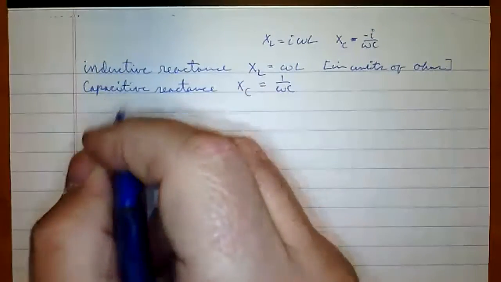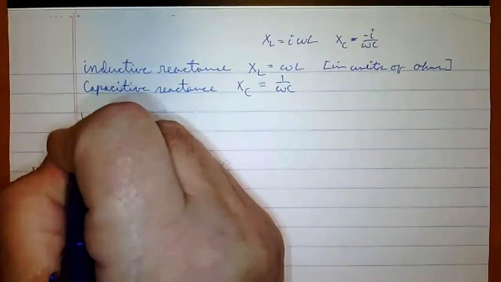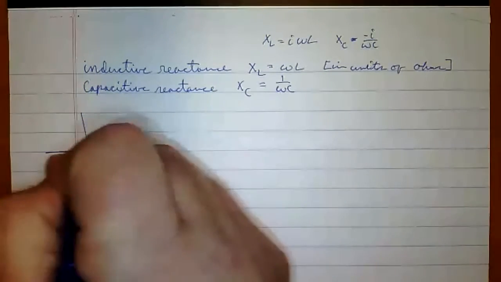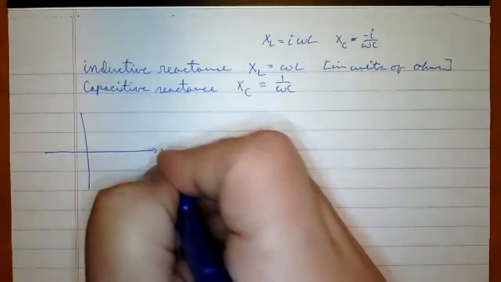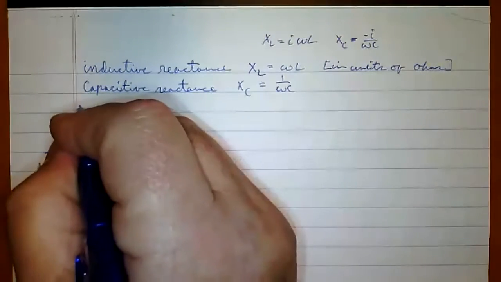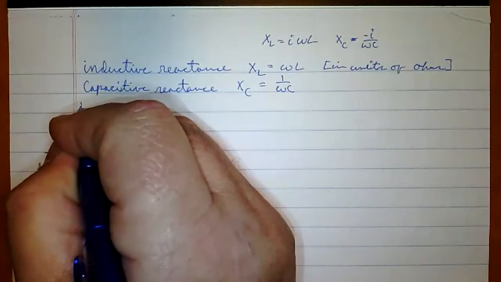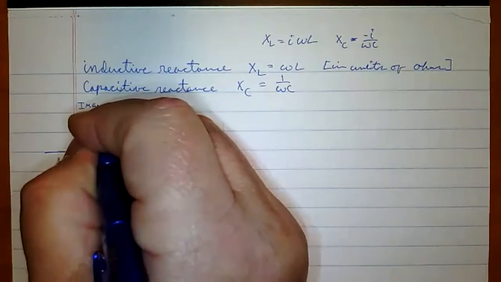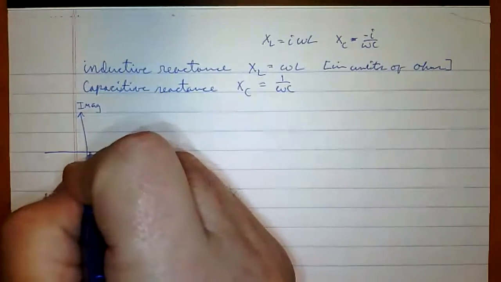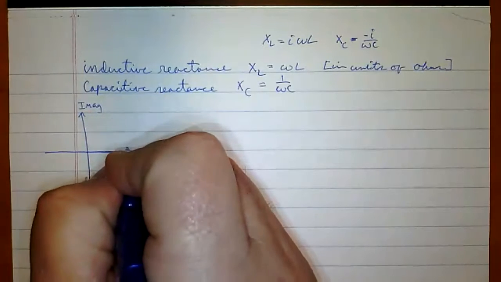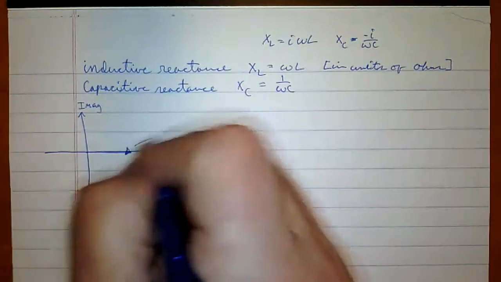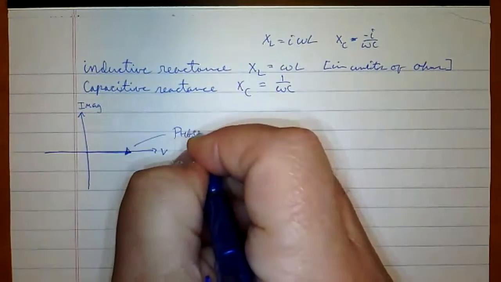Because what you do as a technician and an engineer, a lot of times the easiest way to think about electricity is to think about it this way, where you have voltage here and you have the imaginary axis here. And what's going on is you have what's called a phasor. So this is a phasor diagram.